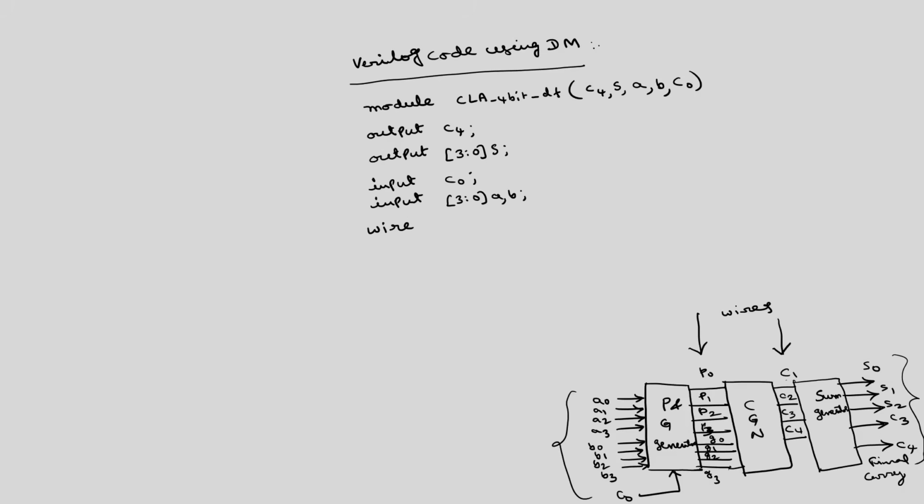So, wire [3:0] P, G, wire [4:1] C. This is P3 to P0, G3 to G0, C4 to C1. C0 is actually the input carry. Okay. This is about the initialization.